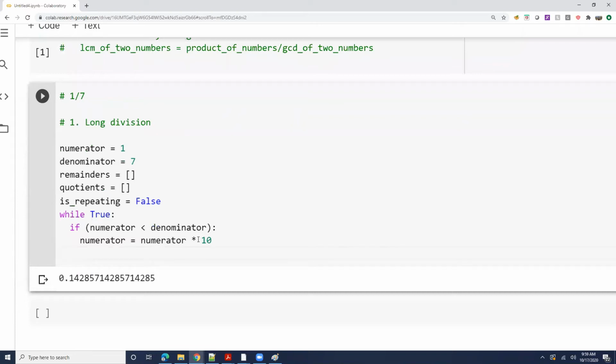So next, how do you find out what's the quotient when you divide this? So quotient equal to what? So 10 divided by 7, what's the quotient and what's the remainder?